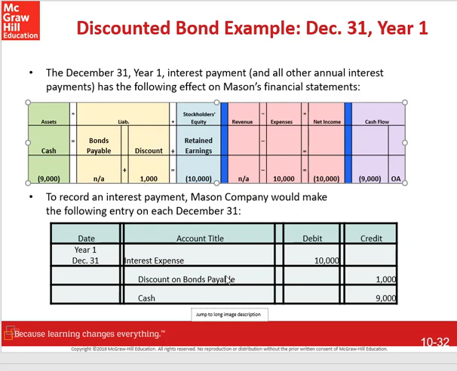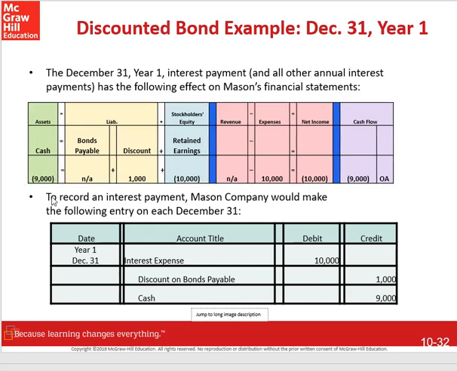So the credit is making the liability side go up, while the retained earnings is going down. So we have 9,000 outflow for cash, and that outflow is OA. And then our entry over here, liabilities are going up as we relieve that contra liability, and then our retained earnings is going down due to the $10,000 interest expense.